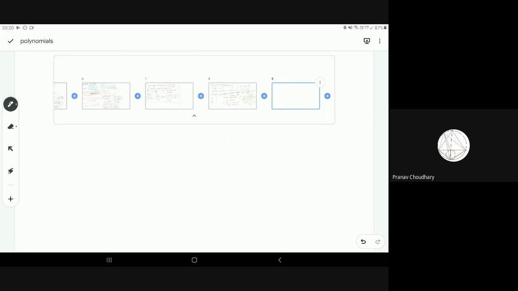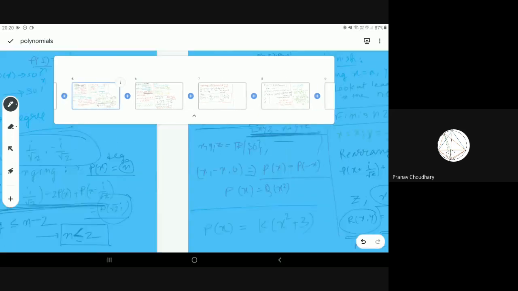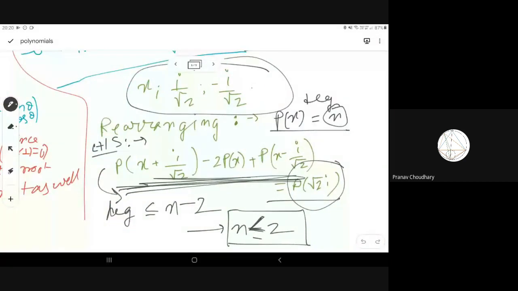Since we know this now, let me go back to the USMO 2019 6 solution. Look at this expression once again. What is this? This is basically a second order finite difference with step i by root 2, right? Do you agree?